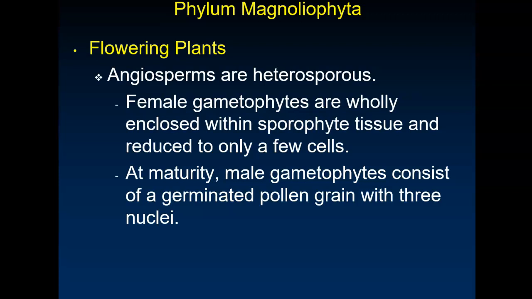So again, you can kind of see how small they've come from having a big structure like a large fern plant, where they're diploid, but their gametophyte is an individual prothallus that you can actually see with your eyes. And now we've got these plants that are basically all sporophyte tissue except for these few cells.